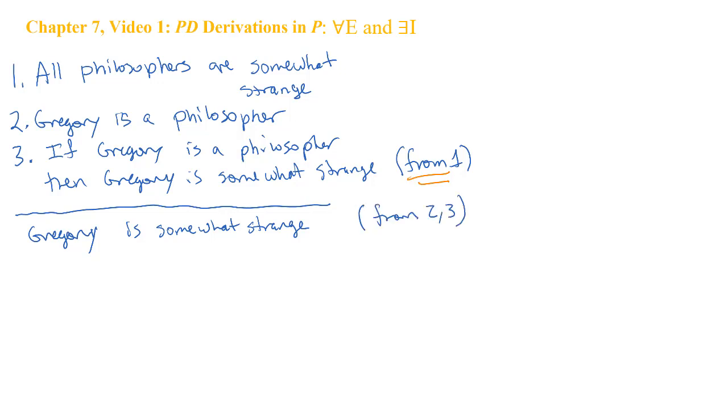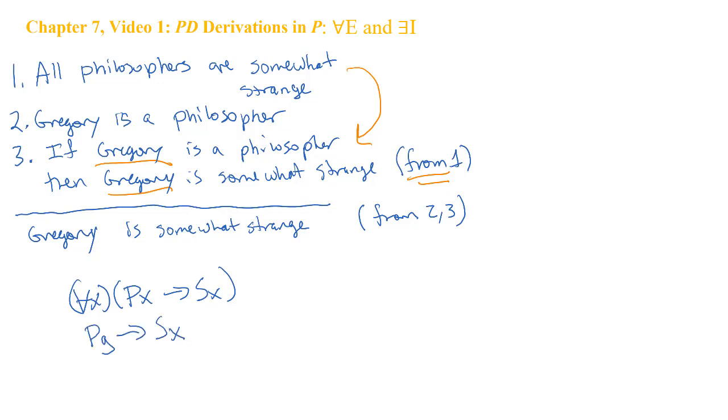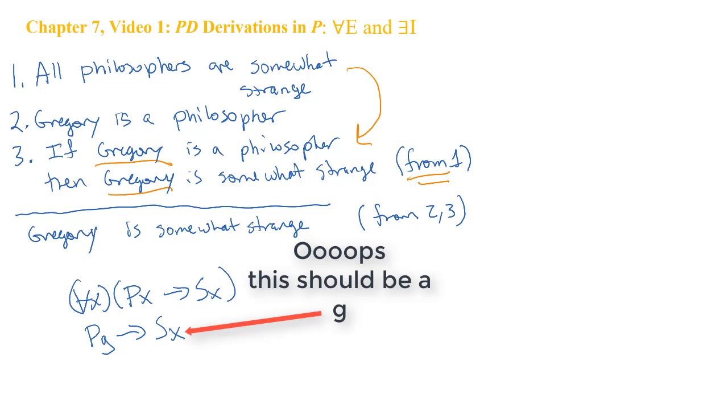But what's of interest to us here is the transition we make from premise 1 to premise 3. We go from a universal claim to a particular instance of that claim. So what we would like is a rule that allows us to go from claims like all philosophers are somewhat strange to if Gregory is a philosopher, then Gregory is strange.